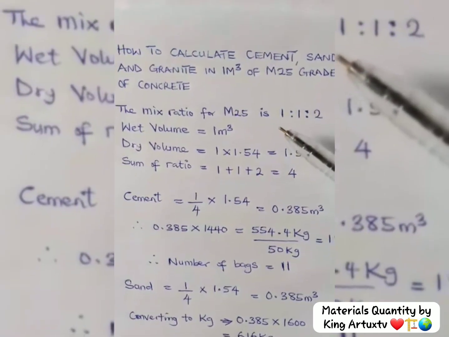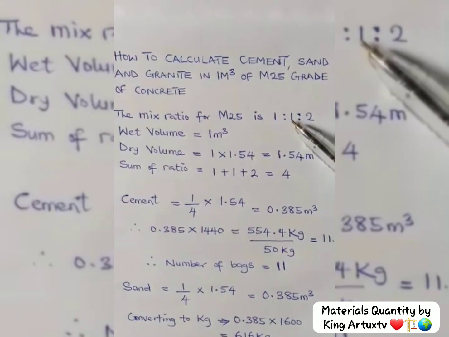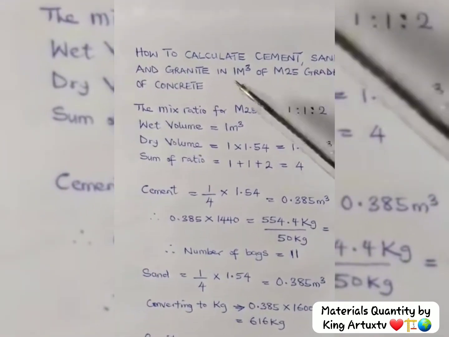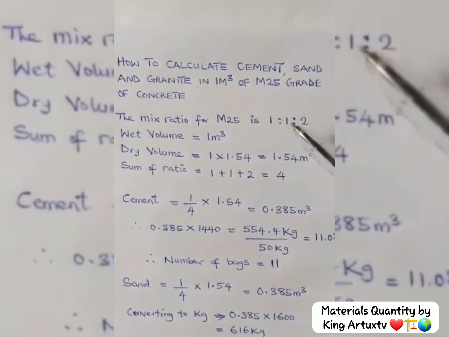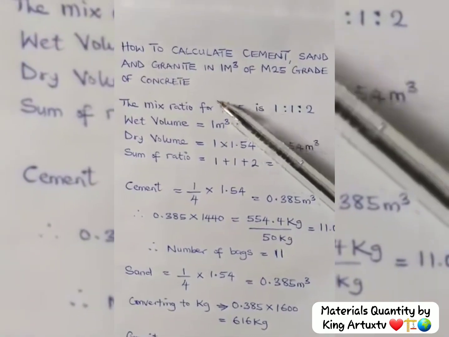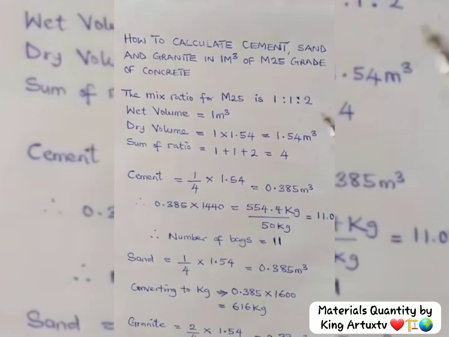What this simply means is that 1 stands for cement, the other 1 stands for sand, and 2 stands for granite. By this proportioning, you are expected to have this grade of concrete. So you have to state the mix ratio.